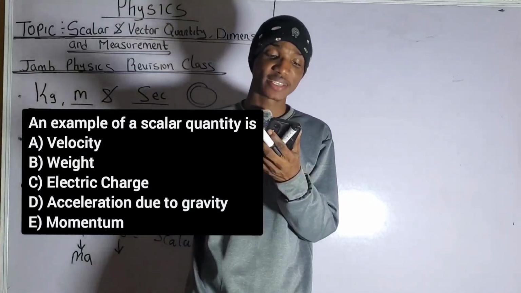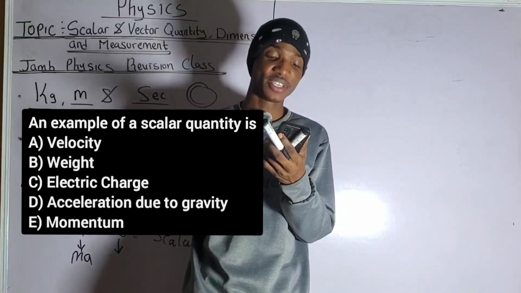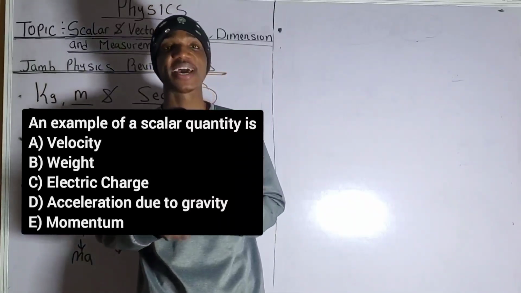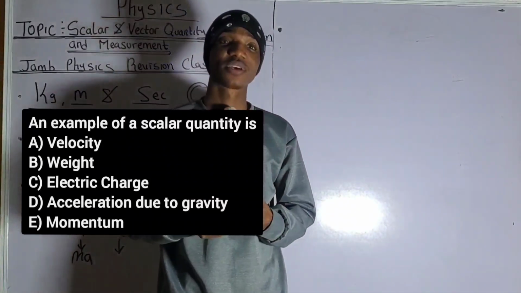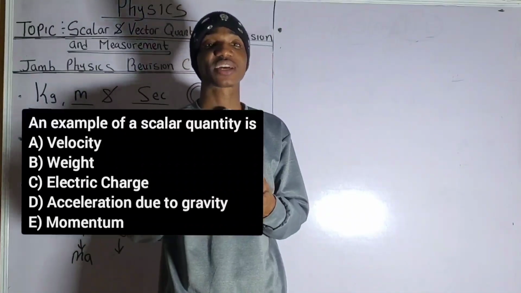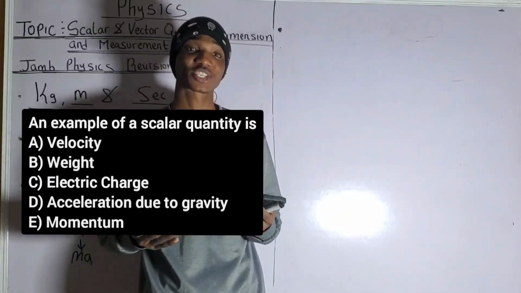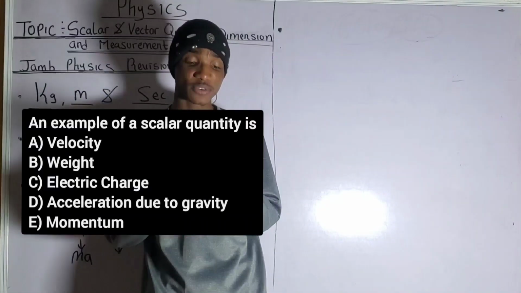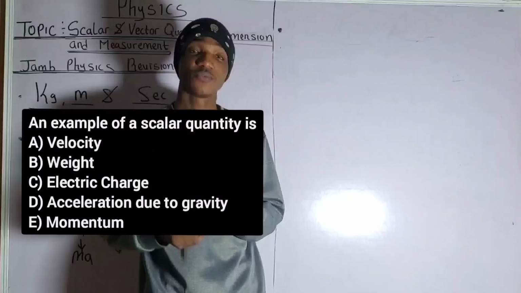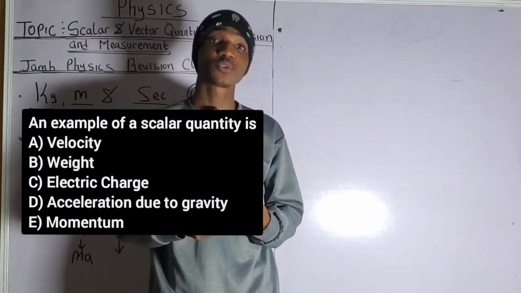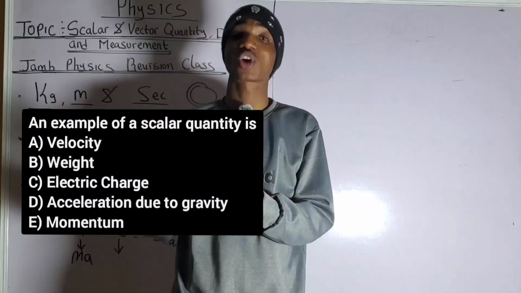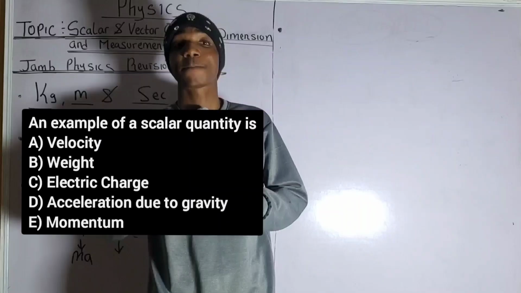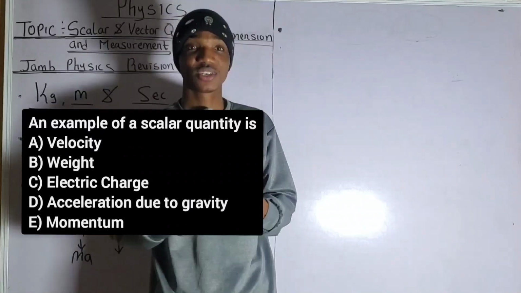The options again: A, velocity. B, weight. C, electric charge. D, acceleration due to gravity. And E, momentum. A scalar quantity is a quantity that has only magnitude but no direction. Okay, now look at the first option, which is velocity. Velocity is not a scalar quantity. For example, you can say that a motorist traveled 65 km per hour northeast.